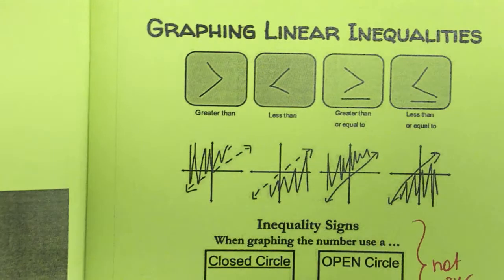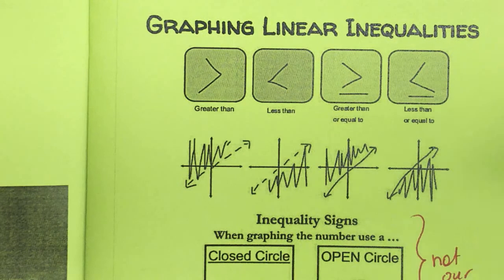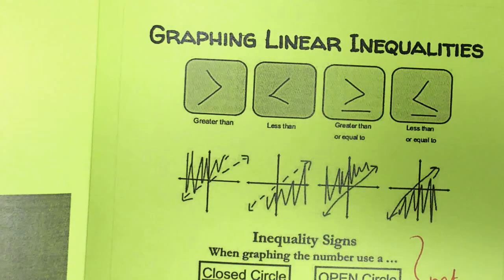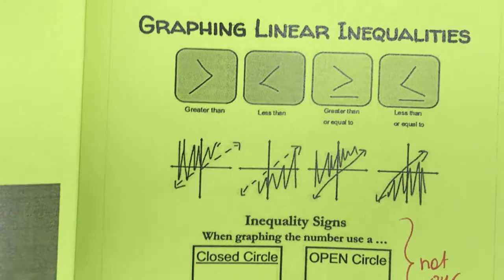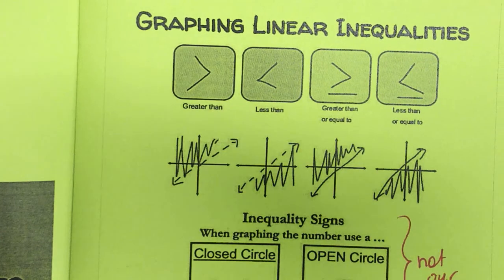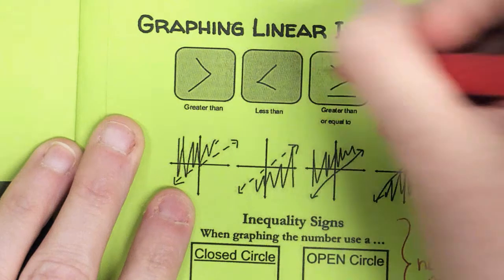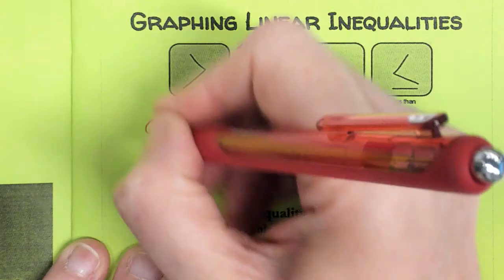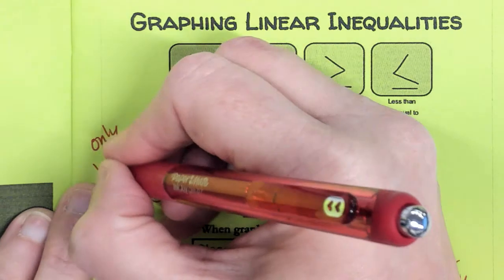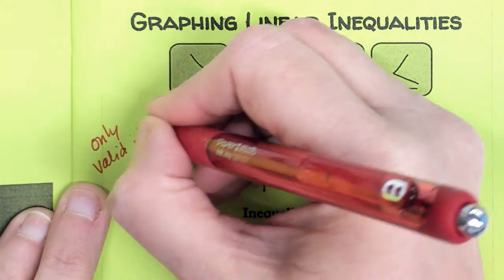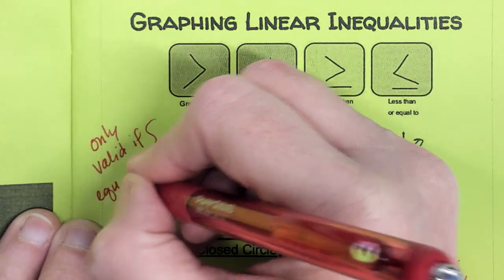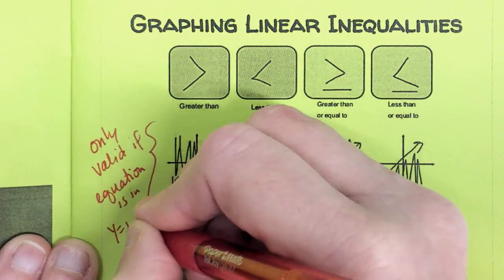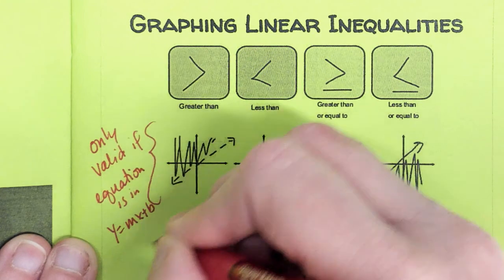All right, so when we talk about linear inequalities, let me see if I can find this because I want to see what I did last period because it was decent. Okay, whatever. All right, so first of all, these signs, the shade above and shade below part, this shading stuff, it's only valid if the equation is in y equals mx plus b form.